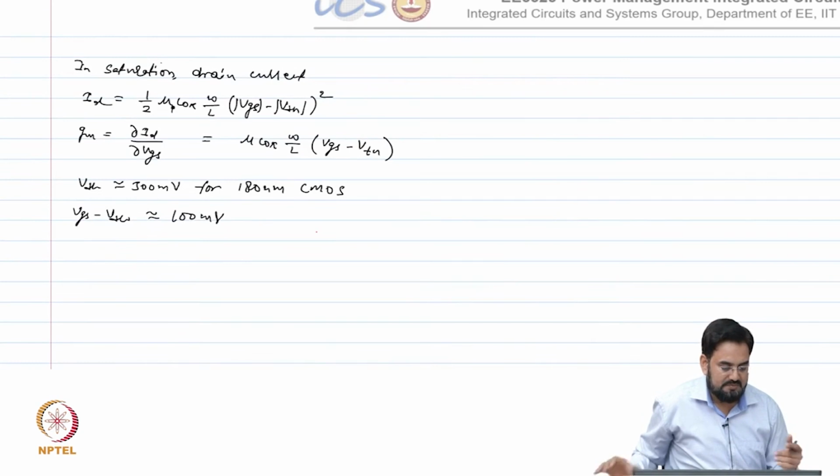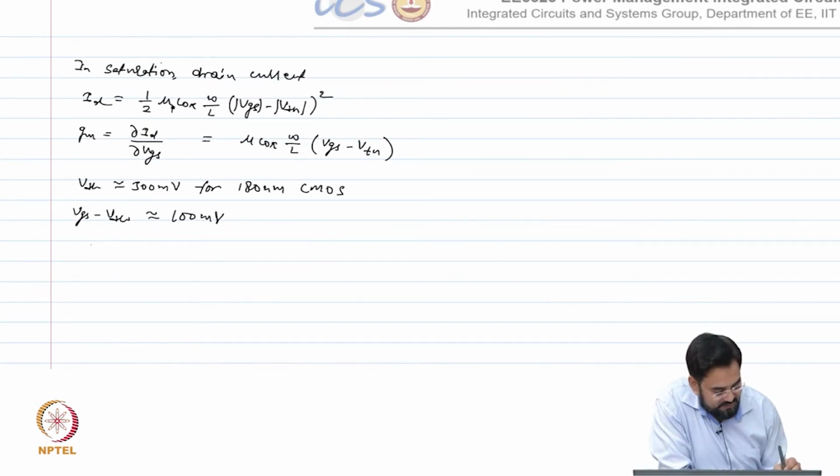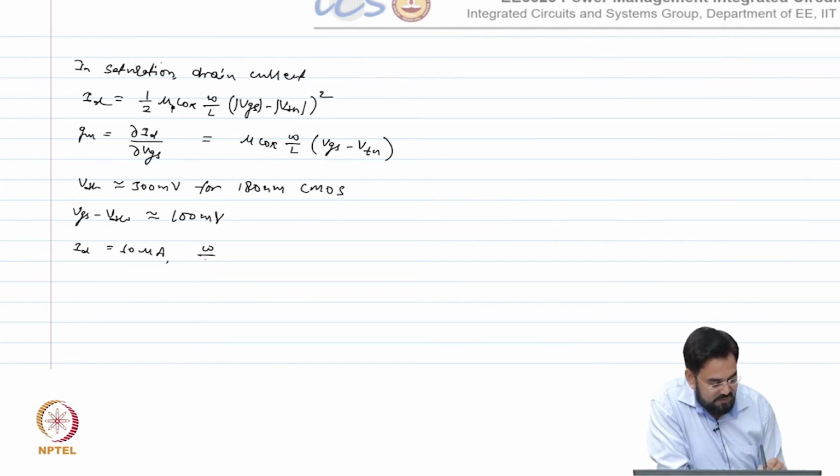Okay. So, let us assume your ID is 10 microamp and W by L is, let us say, 10 over 1 micron.